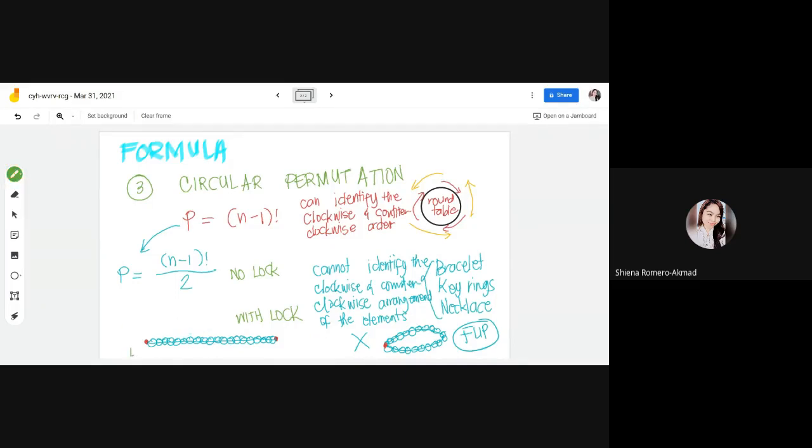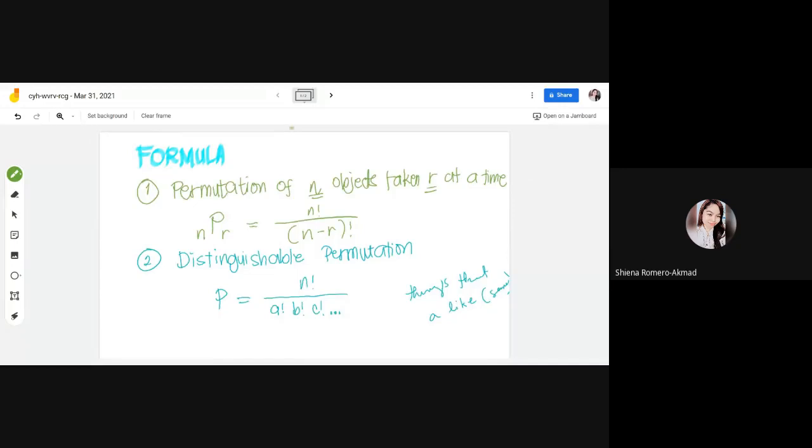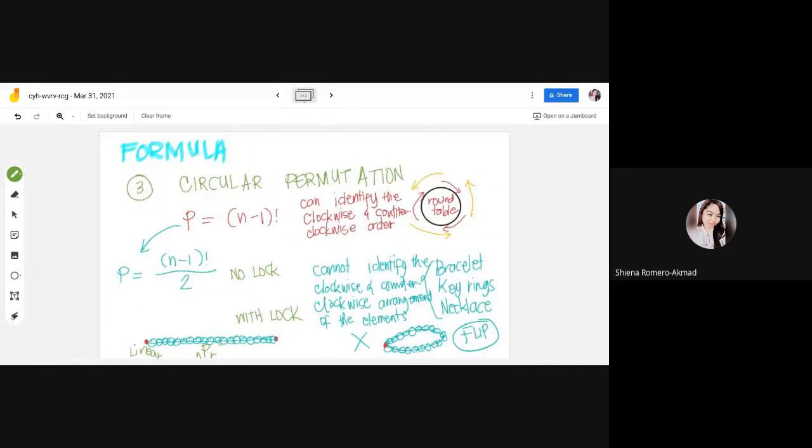Linear arrangement na yan. Pag linear arrangement na, meaning in a line, if you are arranging the elements in a line. So, ang formula nyo na dito ay permutation of n taken all at a time. Yung sa number 1 natin kanina, ito na yon. Pero dito kasi, laging take all. Kunwari, 20 pearls ang meron ako. 20 pearls. I have to take all of the pearls to arrange it here. Okay?